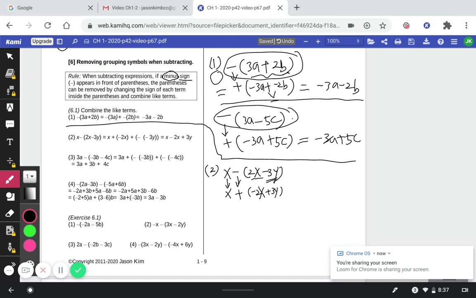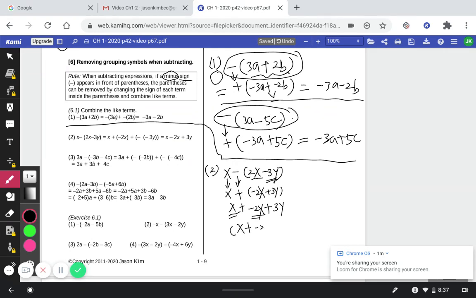And then, since you have a plus with a parenthesis, you remove the parenthesis. So you end up with x plus negative 2x plus 3y. x and negative 2x are like terms, so you combine these two.